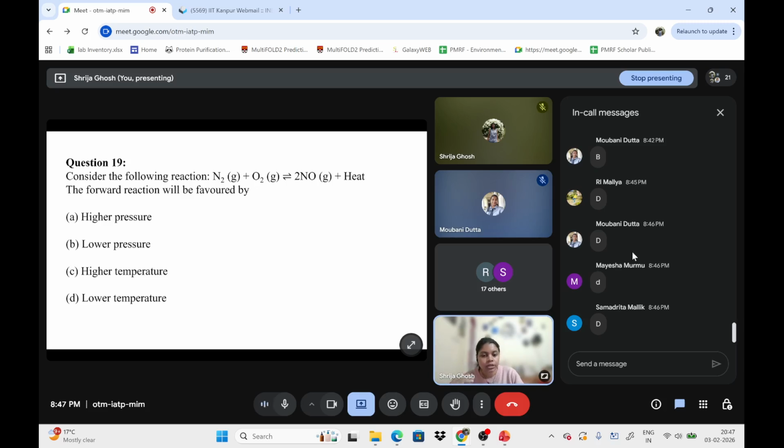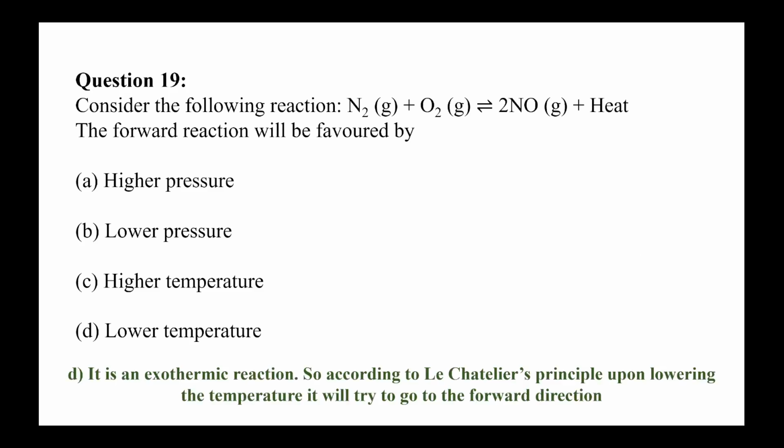So at lower temperature, the reaction will go forward to attain equilibrium, where the heat dissipated will be equal to the temperature given. So this is an exothermic reaction. Upon lowering temperature, the reaction will go forward, and the pressure will not affect the equilibrium constant.